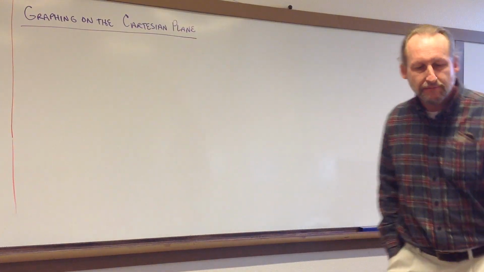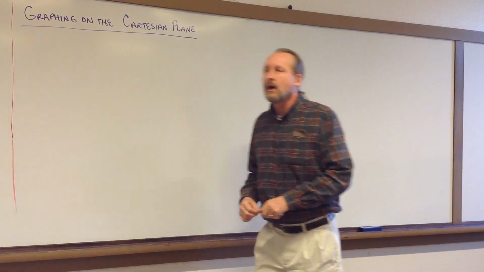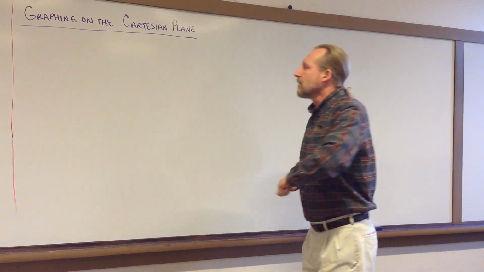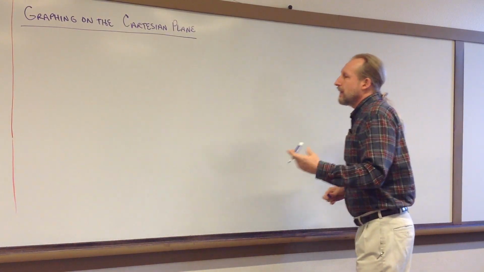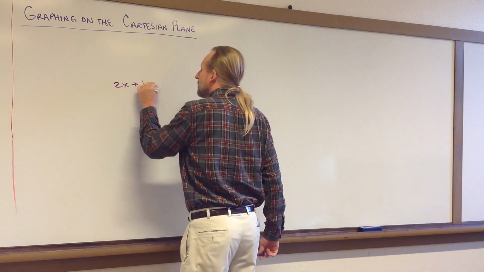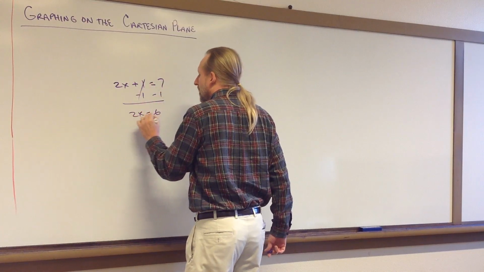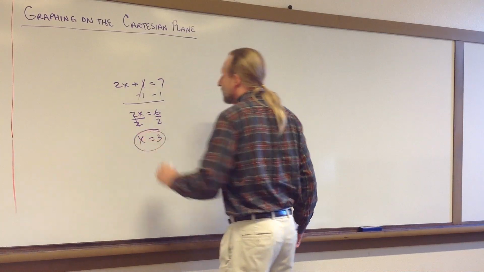So prior to the development of the Cartesian plane, before René Descartes started graphing things in this way, there were two separate areas of mathematics. You had algebra, which we've just talked about, where you had equations, right? And we solved these equations and got a single answer of value for x.